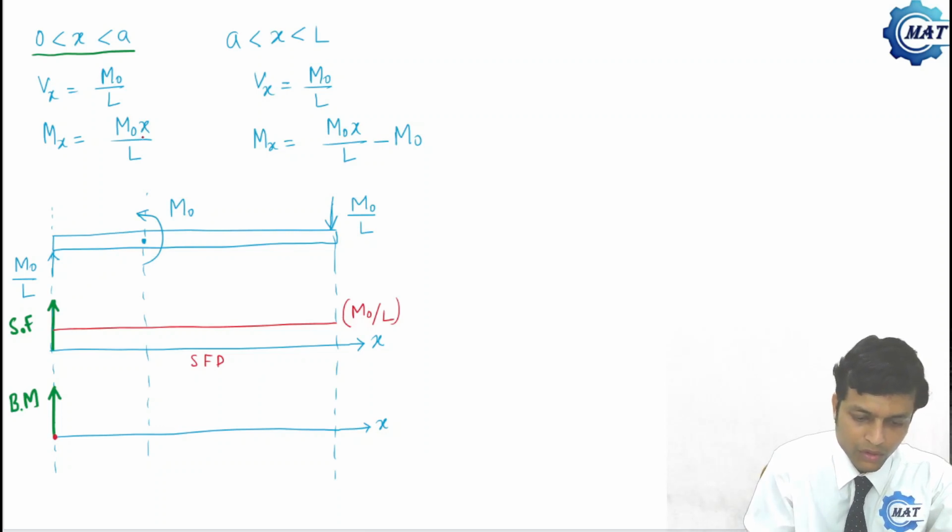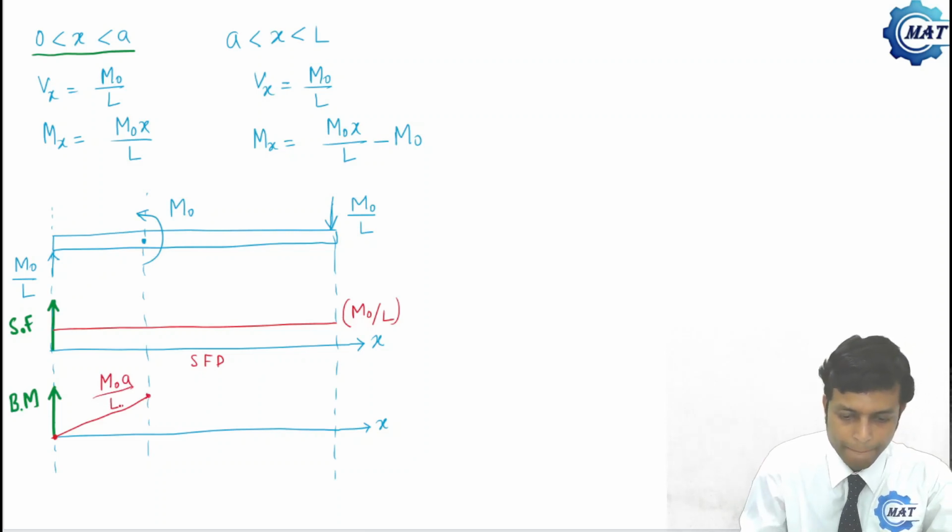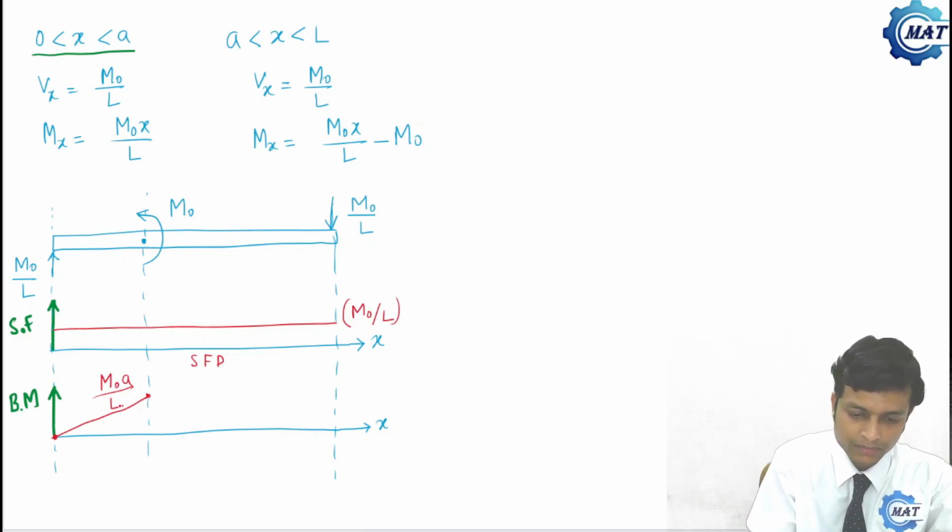When x equal to a, then bending moment will be M0 a by L. Now for this expression, at x equal to a, what will be the value?